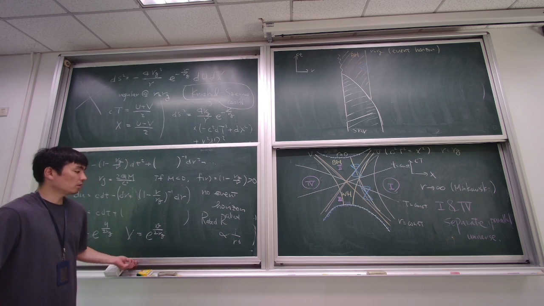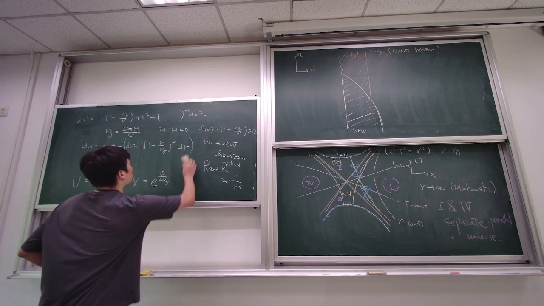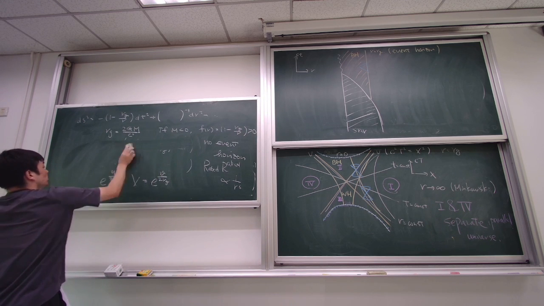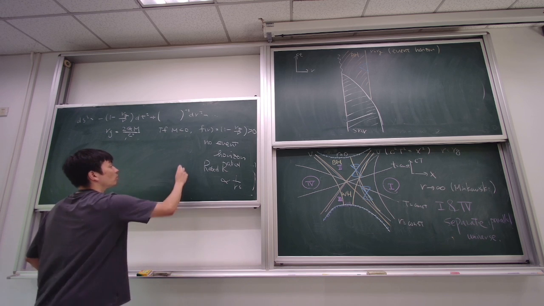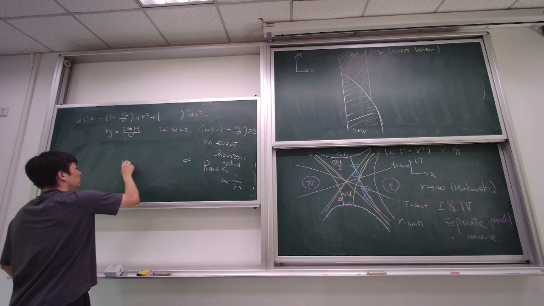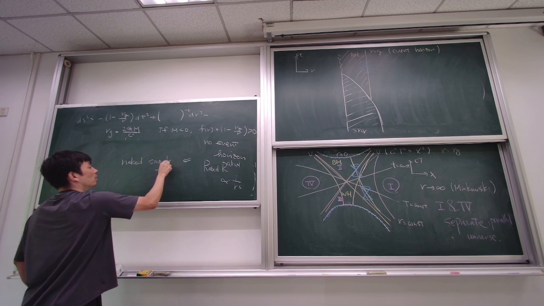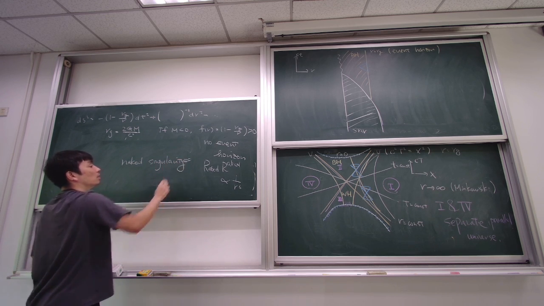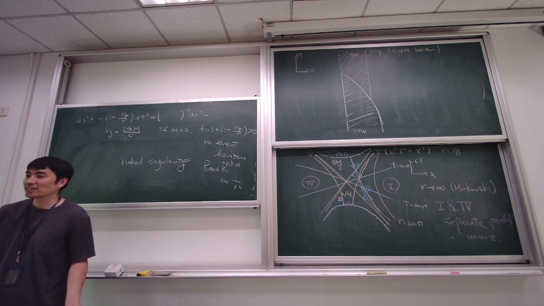In this case, it will lead you to the so-called naked singularity. So at r equal to 0 there is a singularity, but there is no event horizon.